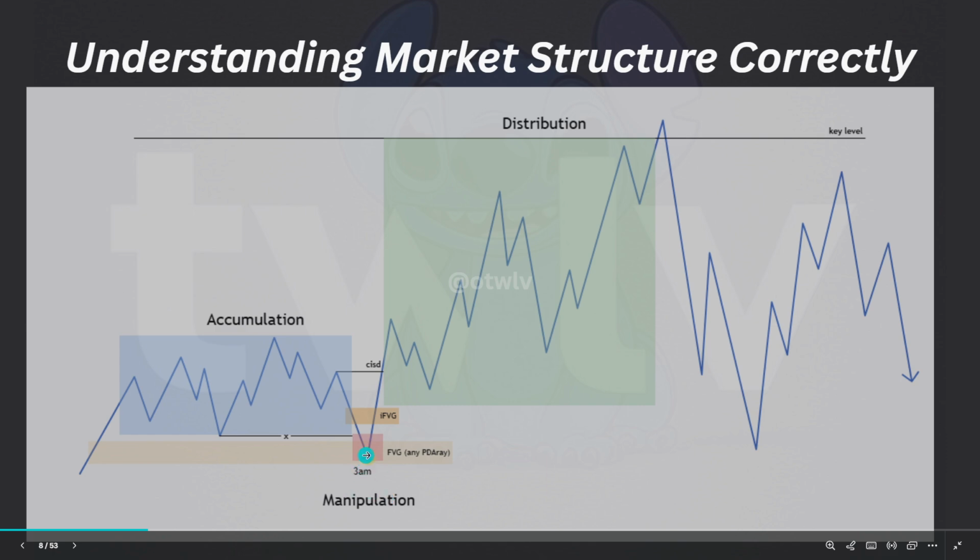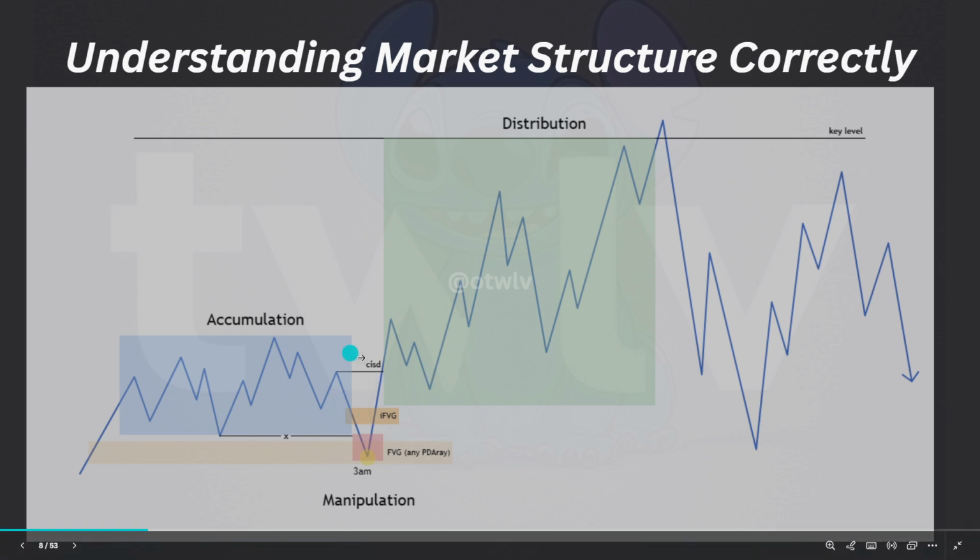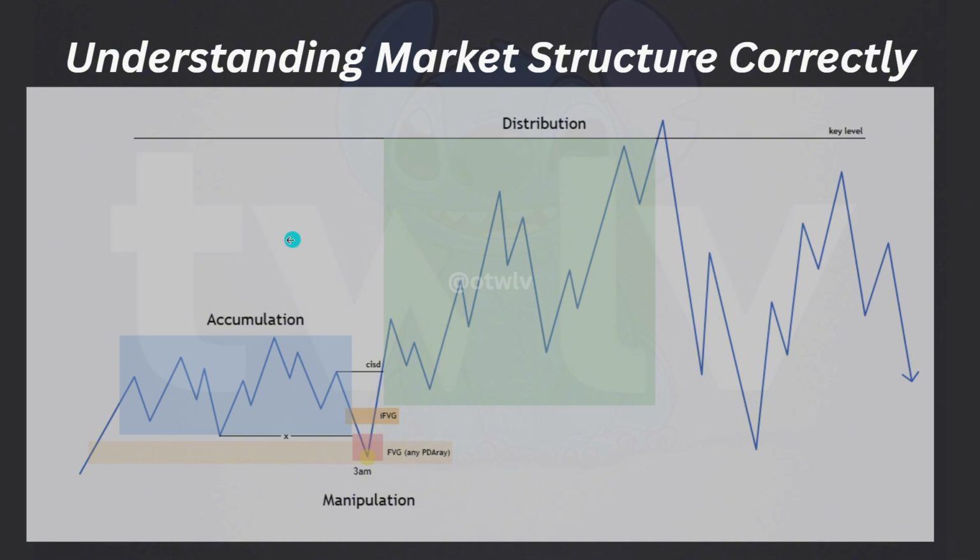At a key time, 3 a.m., swept the lows, displaced higher, New York open low, 9:30 open low into a key level. This could be a fair value gap, inversion fair value gap, the CISD, which is also an order block. So 9:30 opens low, and then internally you get the same structure as this, because this is how price reverses, and then you get your entry to wherever.